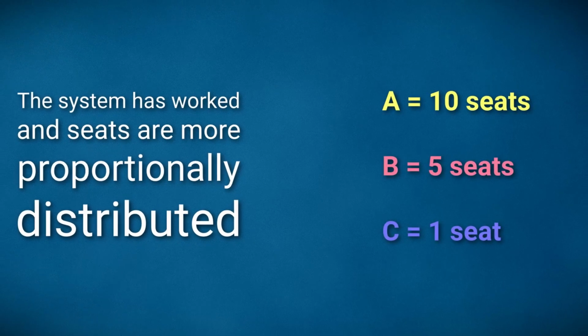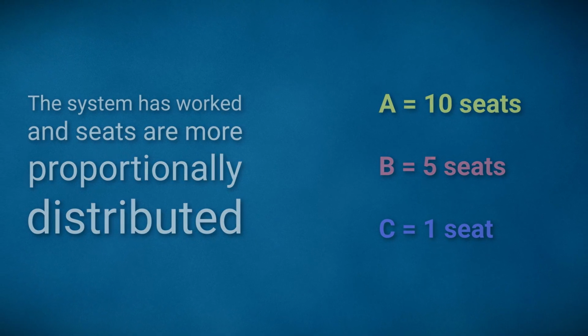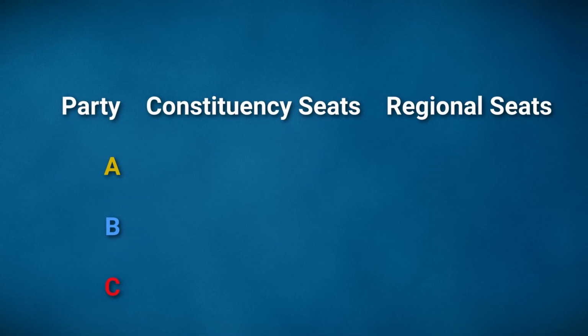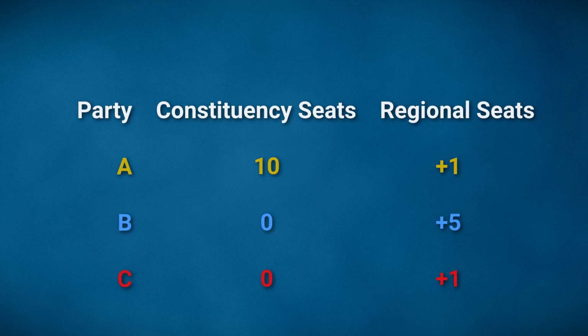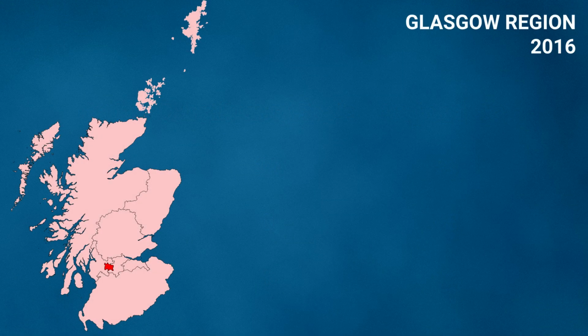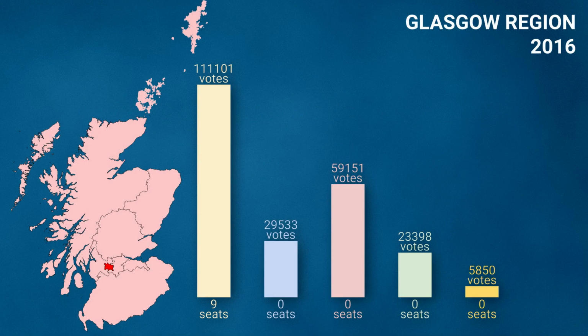But you've already watched part 1 of this video, so you know that the Scottish election system is specifically designed to make it difficult for any single party to gain a majority of seats. For this example, let's take a close look at what happened in the Glasgow region. As we saw, SNP scooped up all the constituency seats, leaving none for the other parties.